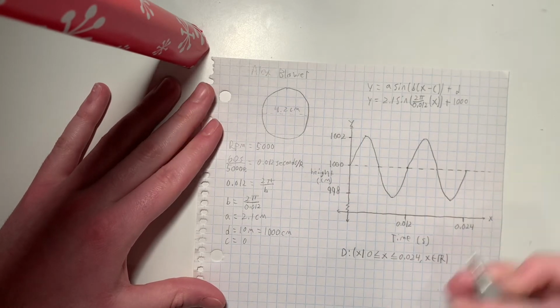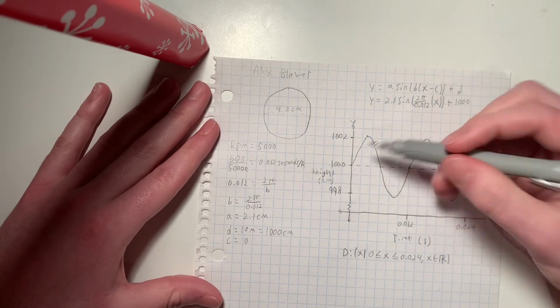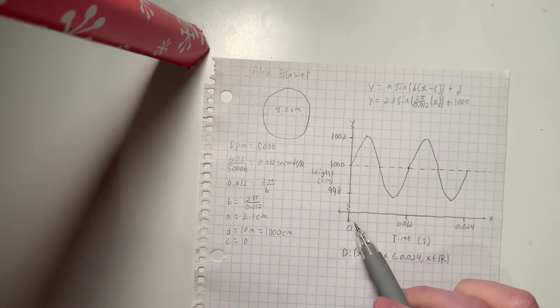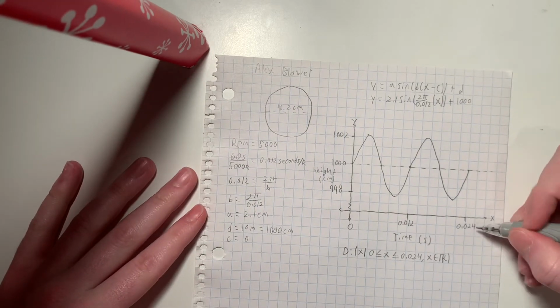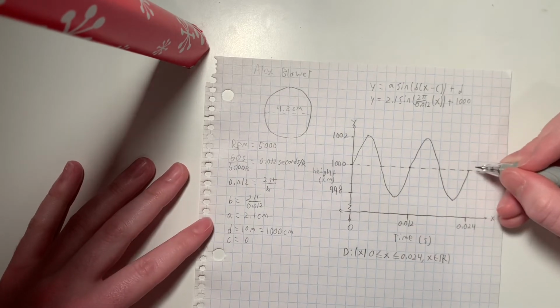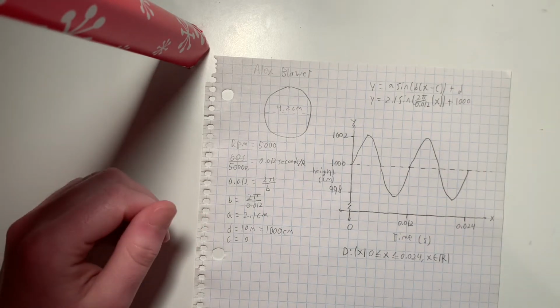And we said that x is between this because we start the graph at 0, the origin here, or 0 on the x, and then we go to 0.024 seconds because we did 2 full rotations. And so our domain, we're just taking between those values.